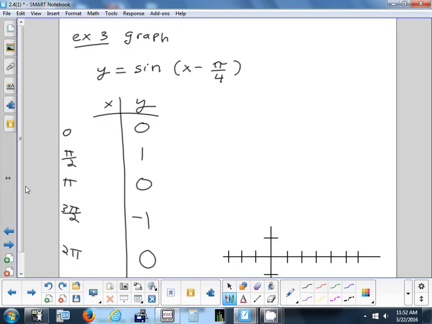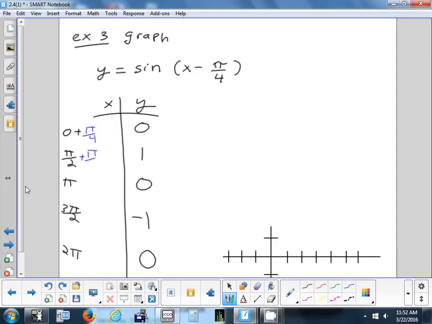And Amy, am I going to add something to all of these or subtract? Yep, we're going to add. And John, can you tell me what I'm going to add? Is it pi over 2? Not pi over 2 in this case. Pi over 4, yeah.